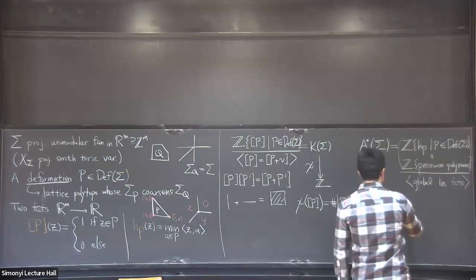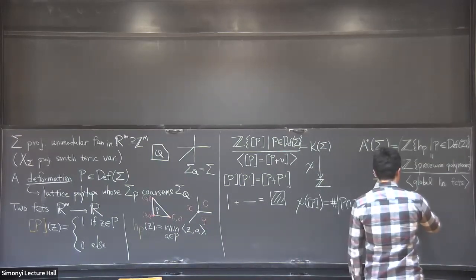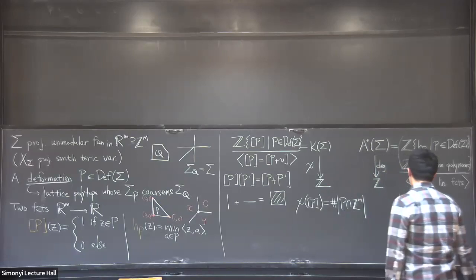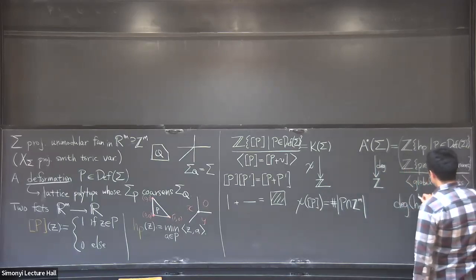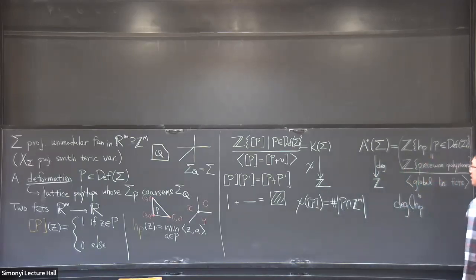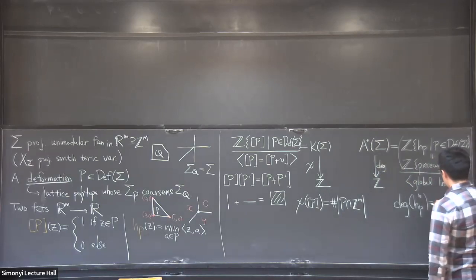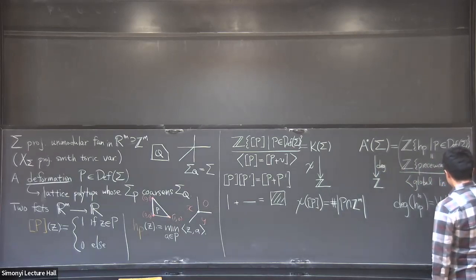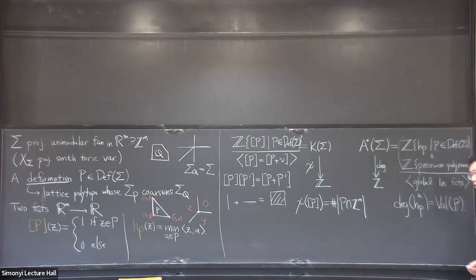Whereas on the Chow side, if I take a support function of a deformation to the top power, it returns the volume, where the volume here is normalized such that the standard lattice simplex gets volume 1.